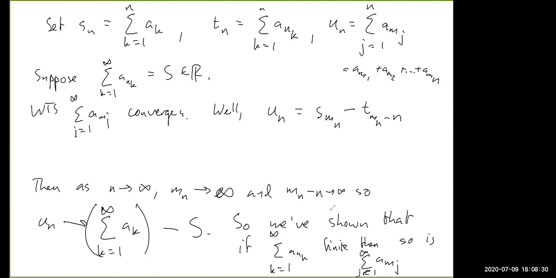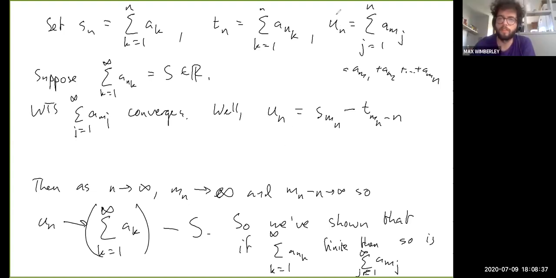Hold on, now I'm a little bit confused about how many terms there are. Are there n terms or mn terms? There are n terms in un, because there's just one for each value of j going from 1 to n. But in Smn, you're letting k go from 1 to mn.